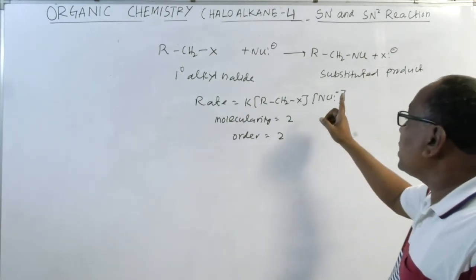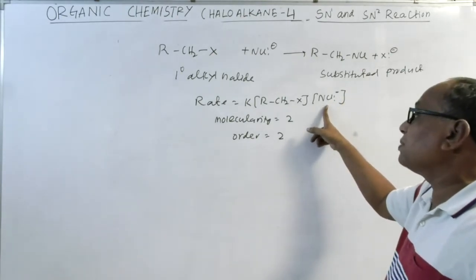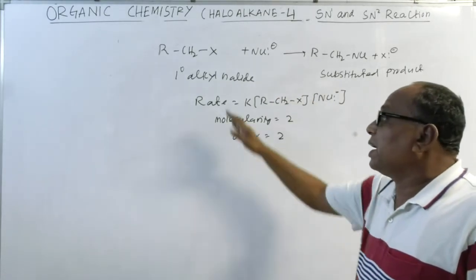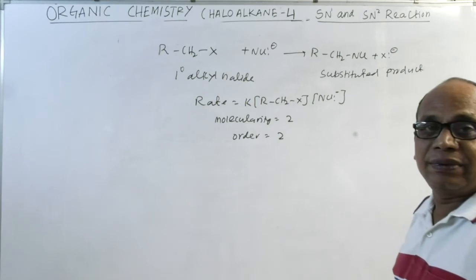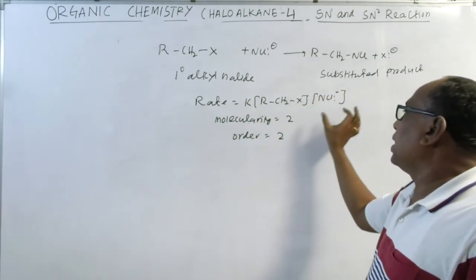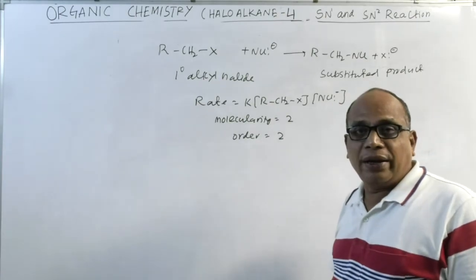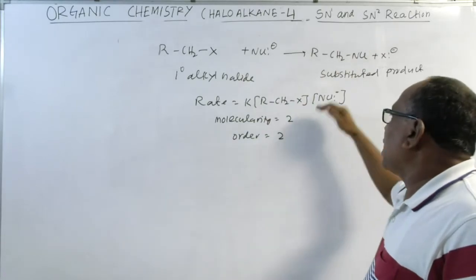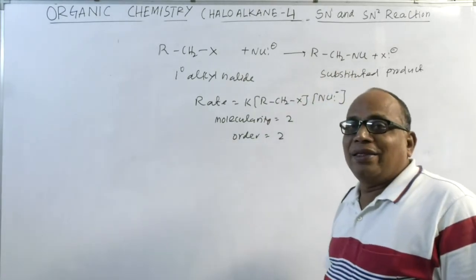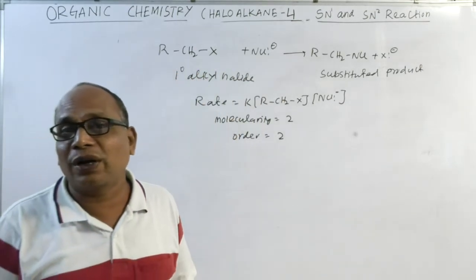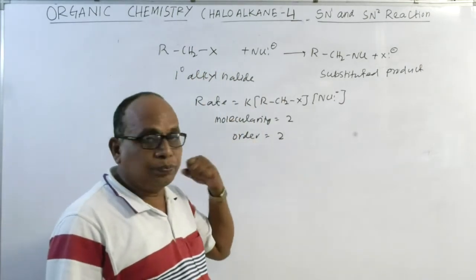If you increase the concentration of the nucleophile 2 times, keeping the alkyl halide concentration constant, the rate is also increased 2 times. That means the rate depends upon the concentration of the alkyl halide as well as the nucleophile. Suppose you increase the concentration of both 2 times, the rate becomes 4 times. That's why the order is 2.